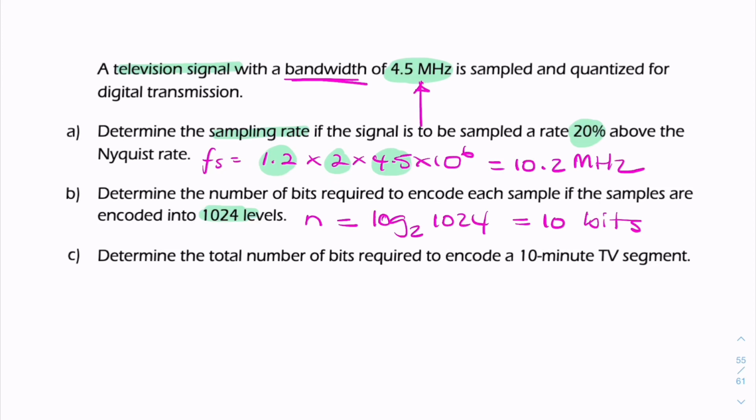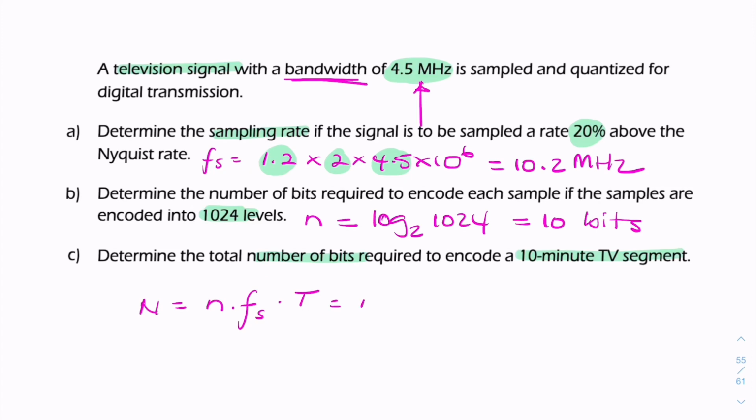And then it says how many bits do we need to encode a 10-minute television segment. So the total number of bits is determined by 3 things: the number of bits per sample, the number of samples per second, and the total time, so the total number of seconds.